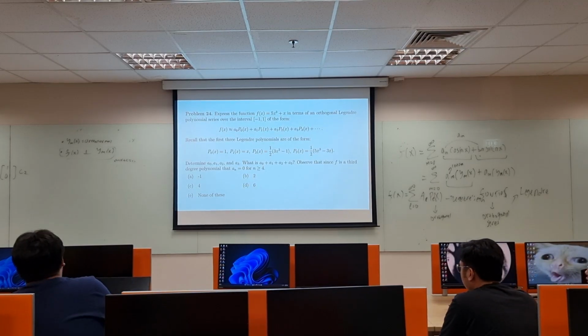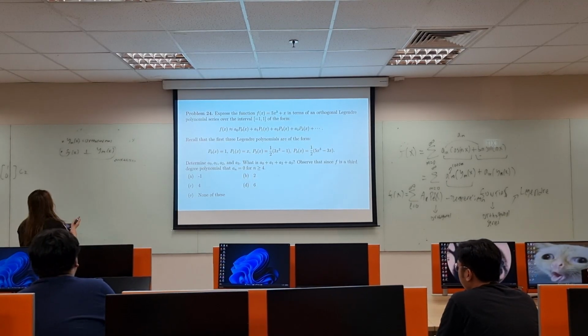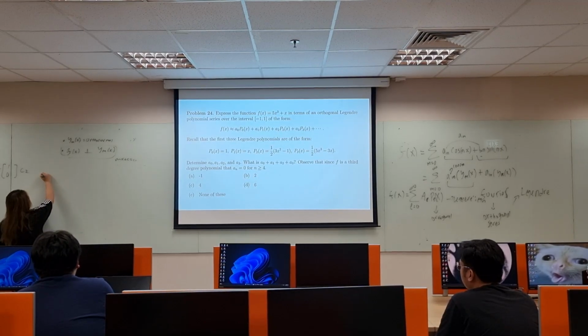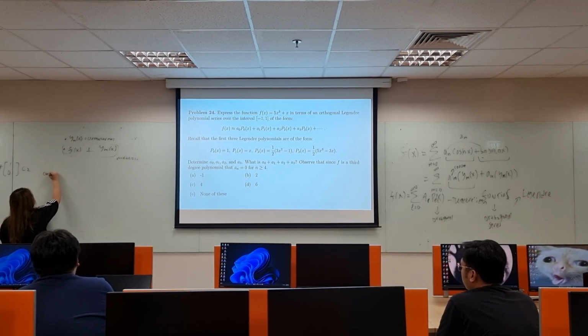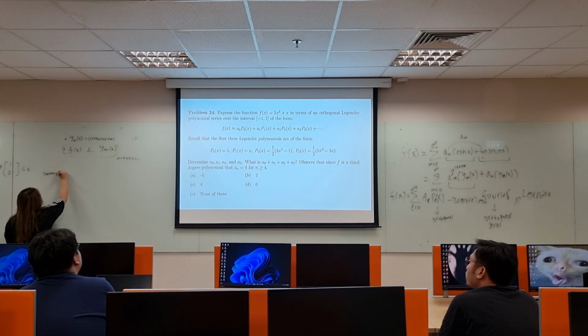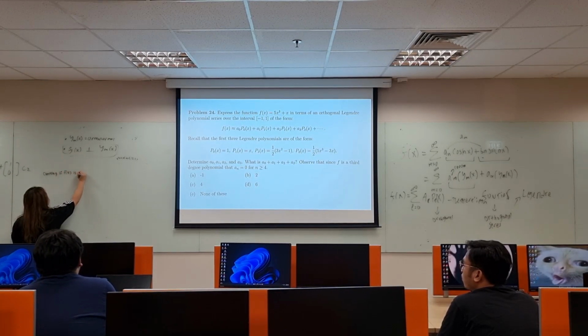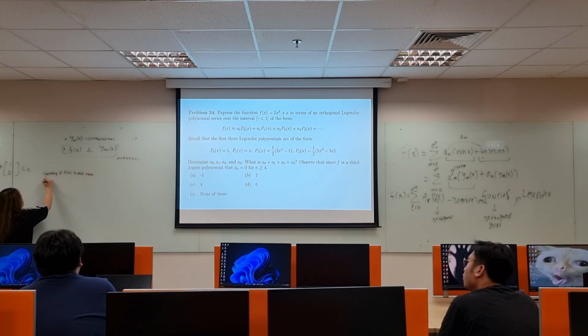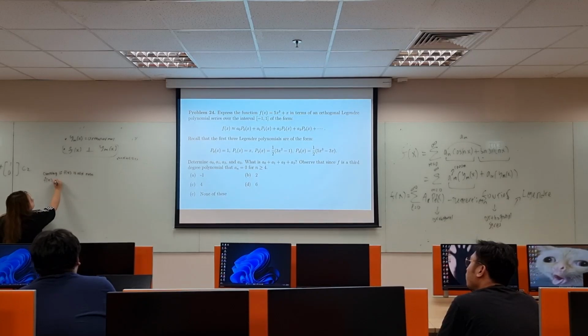So to check if f of x is odd or even, the given function is fx equals 5x cubed plus x, right?